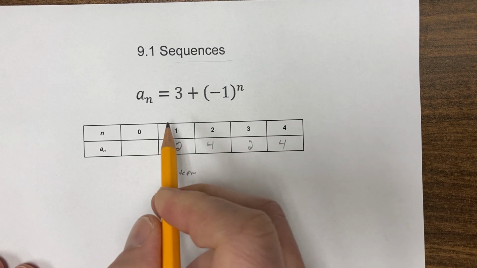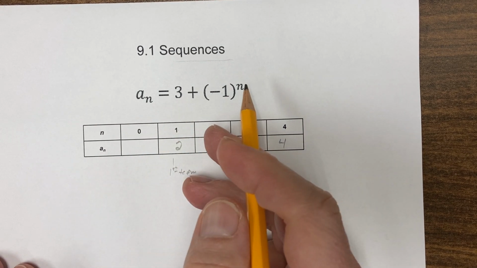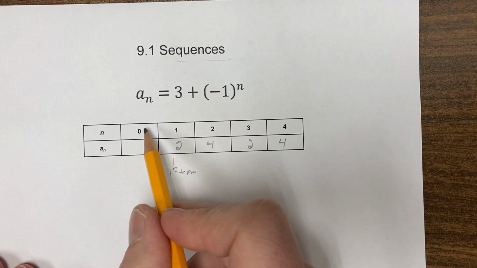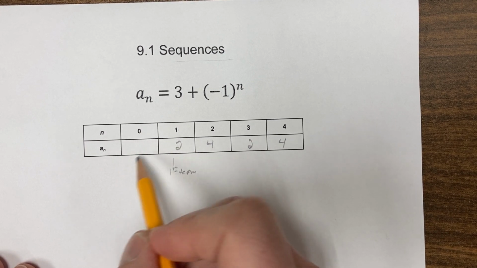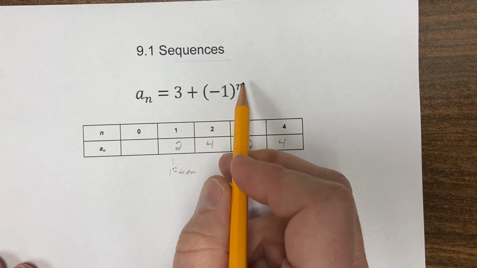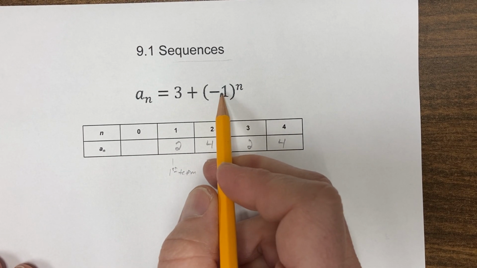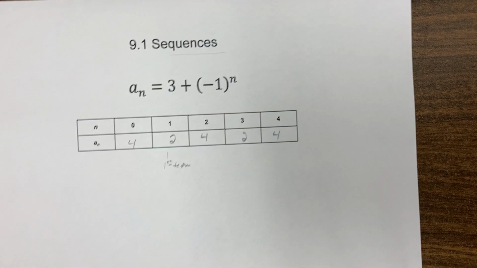Okay? Now, the 0 term is often used to maybe create a sequence or a general term. So I'm putting it in here just to say that at times there might be a reason for us to consider what the term before the first term would have been. In this case, if we put 0 in, -1 to the 0 is 1. 3 plus 1 will give us 4. Okay? So that's what that sequence does.